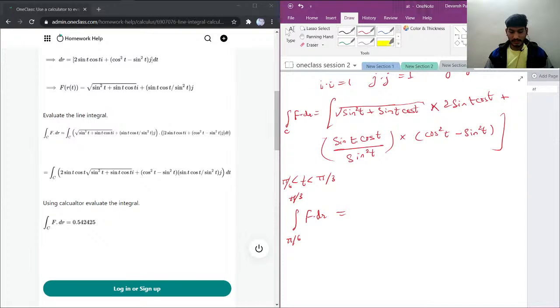So this is square root of, and then we have sine, how to take this square.